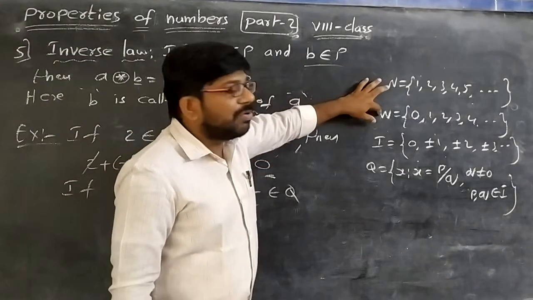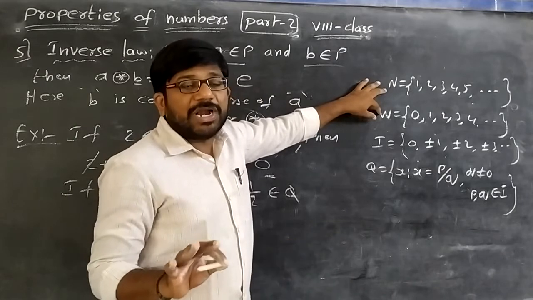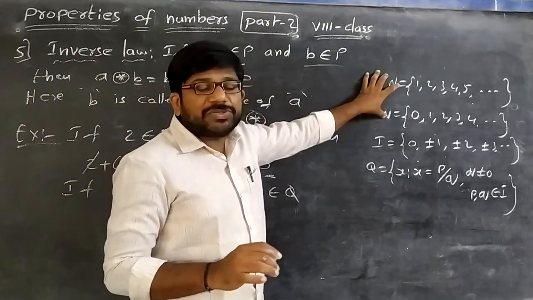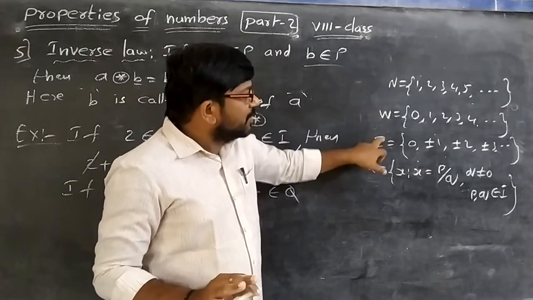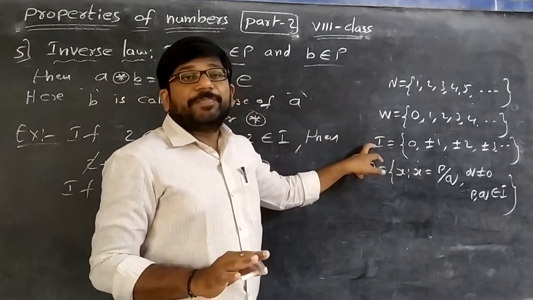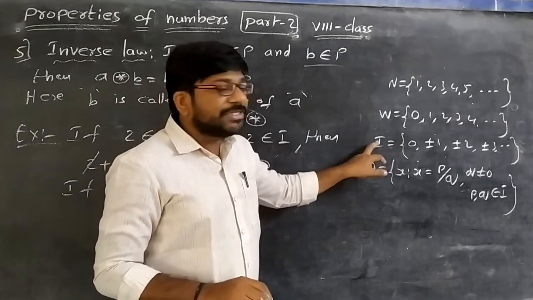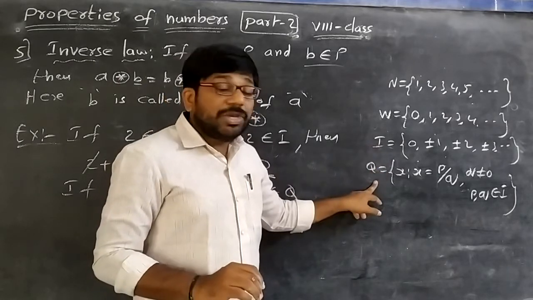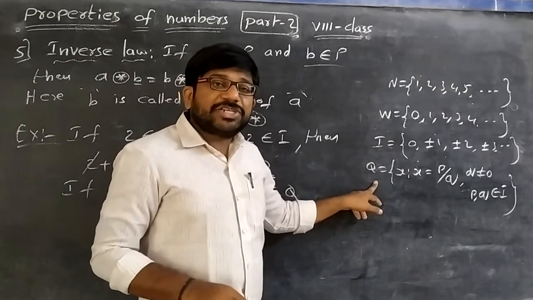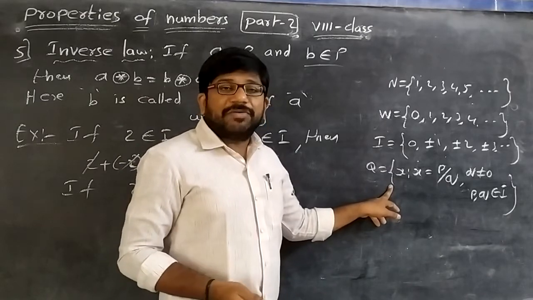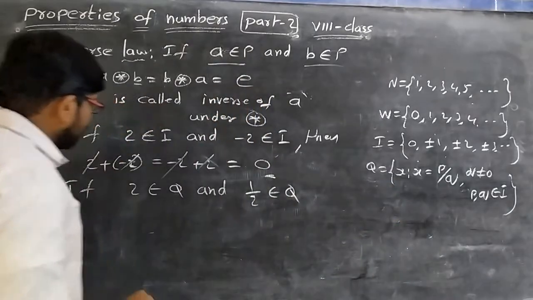So N and W do not satisfy the inverse law under addition and multiplication, because there are no negatives and no fractions. So I satisfies the inverse law only in addition but not in multiplication, because there are no fractions. But Q satisfies under addition and multiplication, because negatives and fractions are both there.